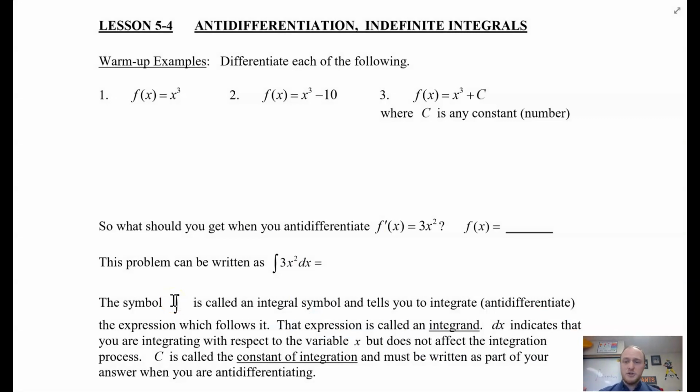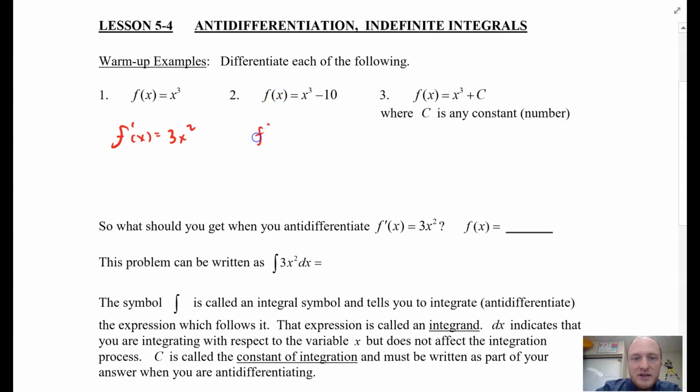Pause the video right now. I want you to just really quickly calculate the derivative of these functions. All right, hopefully you've had a chance to go ahead and differentiate each of the following. So here we're going to calculate f prime. f prime of x is equal to 3x squared.